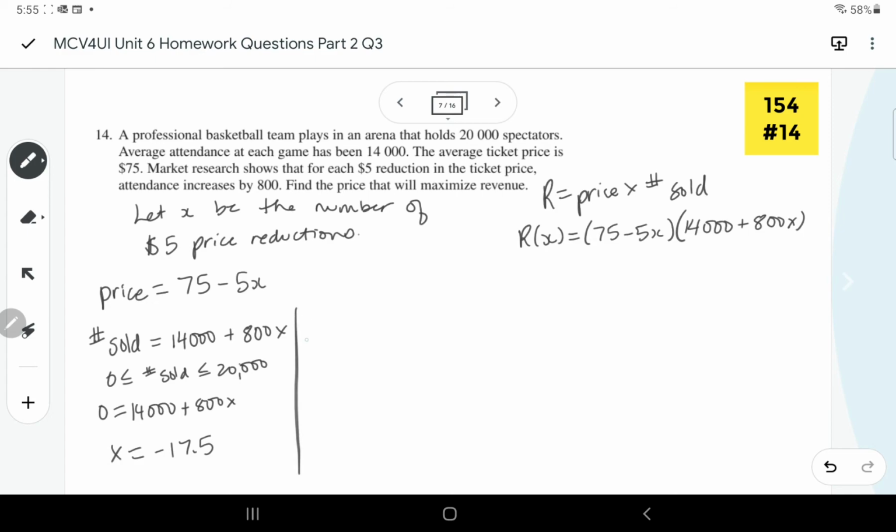And then if we had 20,000 sales, that's probably what we're more interested in, equals 14,000 plus 800x. Bring that 14,000 over. Now I have 6,000 equals 800x. So what would x be?